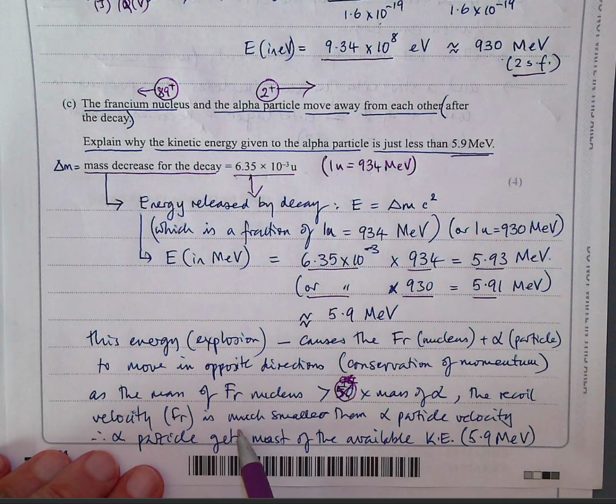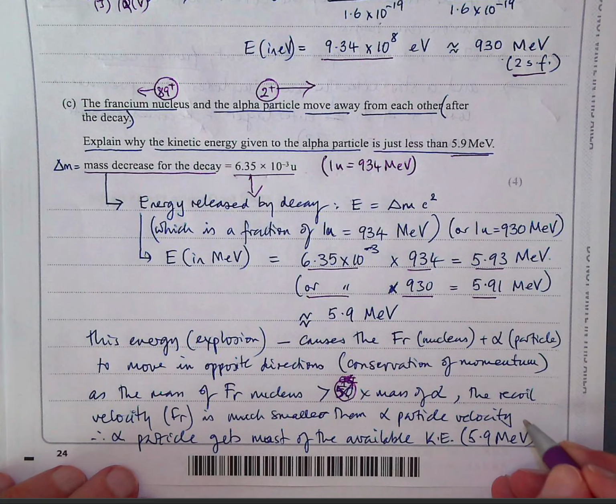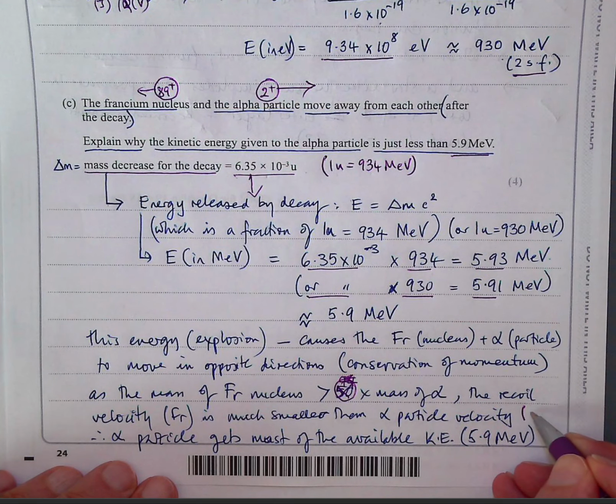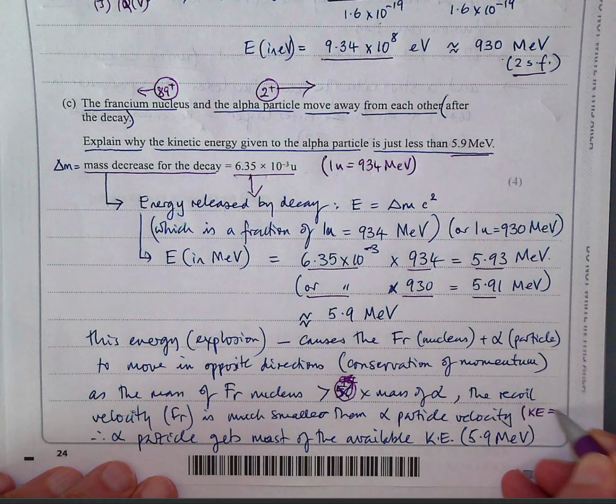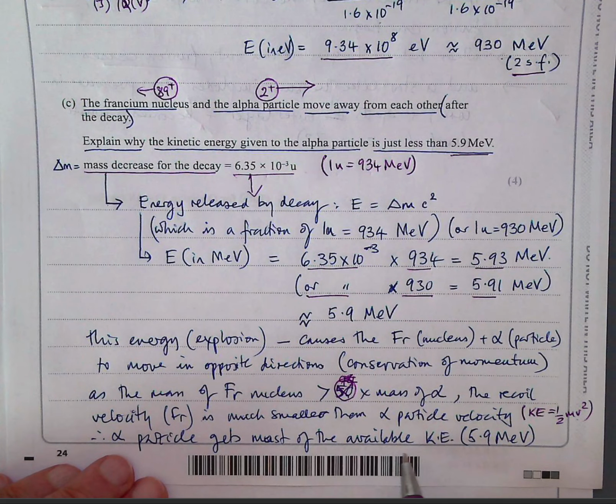The recoil velocity is much smaller than that of the alpha particle, so the alpha particle gets most of the velocity. And remember, the kinetic energy is equal to half mv squared, so the velocity is the main factor that determines the kinetic energy. Therefore, the alpha particle gets most of the available 5.9 megaelectron volts.